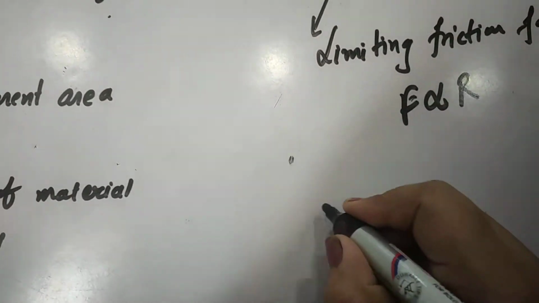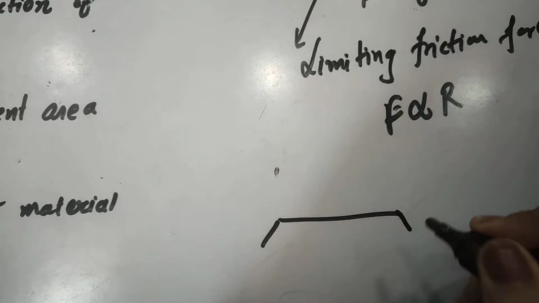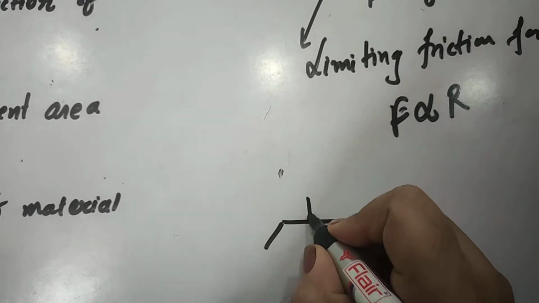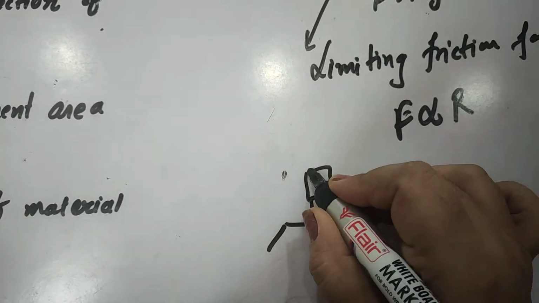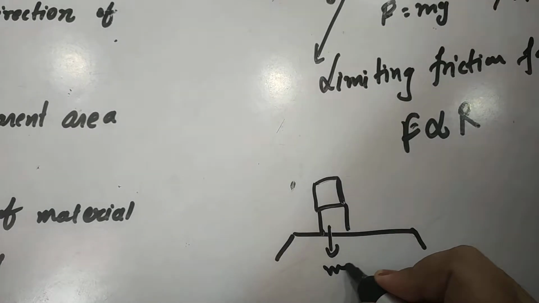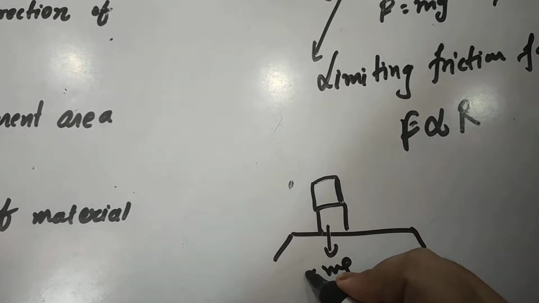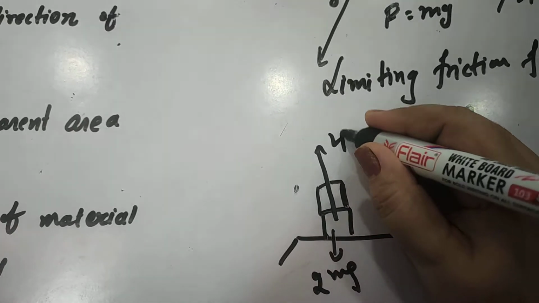Now to understand this, let us consider we have a table. In this case there are two blocks which are kept. Firstly the block was having weight mg. When we increase the weight it becomes, suppose, 2 mg, so again the reaction force will be 2R.